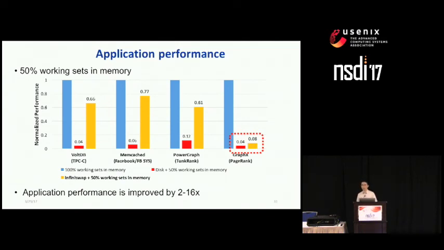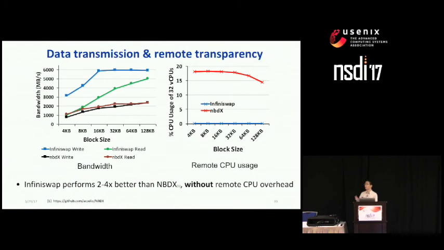Okay. Yeah, thank you. We did measure the CPU usage at the remote side, which is the daemon side, but actually we haven't measured the CPU usage on the block device side.